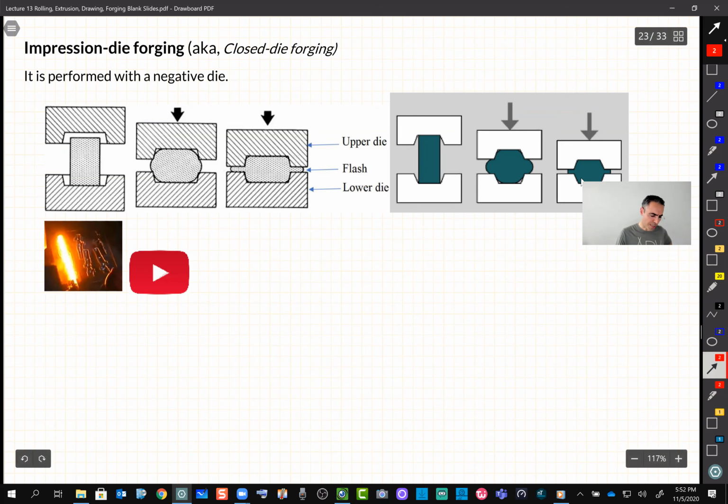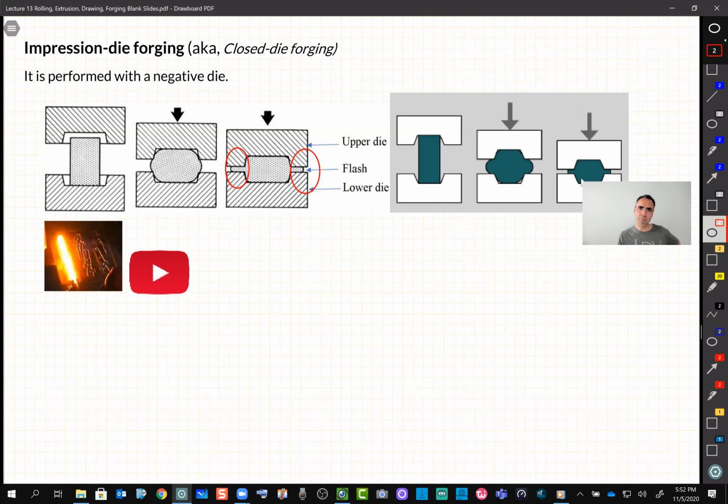And as you can see here, after we squeeze this material between these two halves, we are creating a little flash, and this flash plays an important role, or has an important function for us.